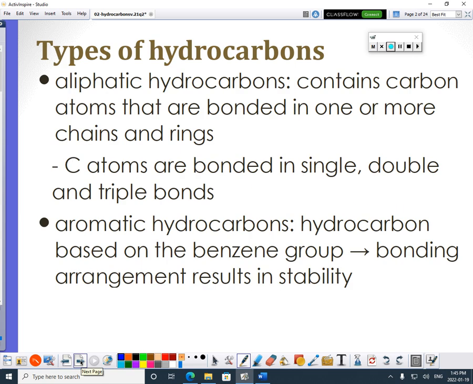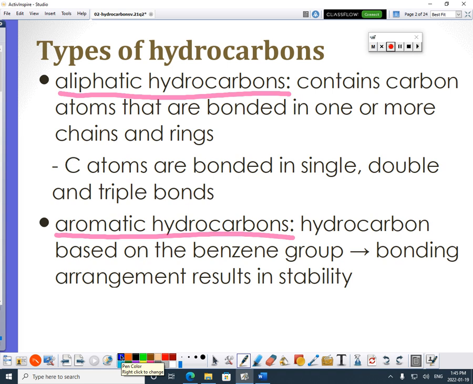So there are two basic types of hydrocarbons, aliphatic and aromatic. Aliphatic hydrocarbons are basically more than three quarters of today's notes.